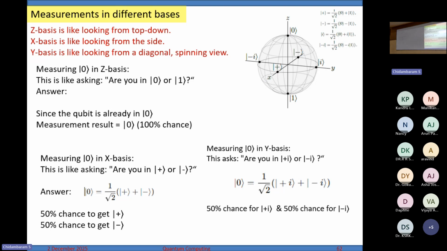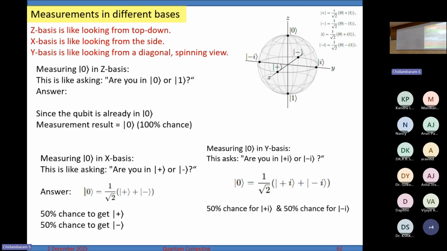So the view that we see, that's what you see from the top. Z basis is looking from top down. X basis is looking at the qubit from the side. Y basis is looking at the qubit on the diagonal.